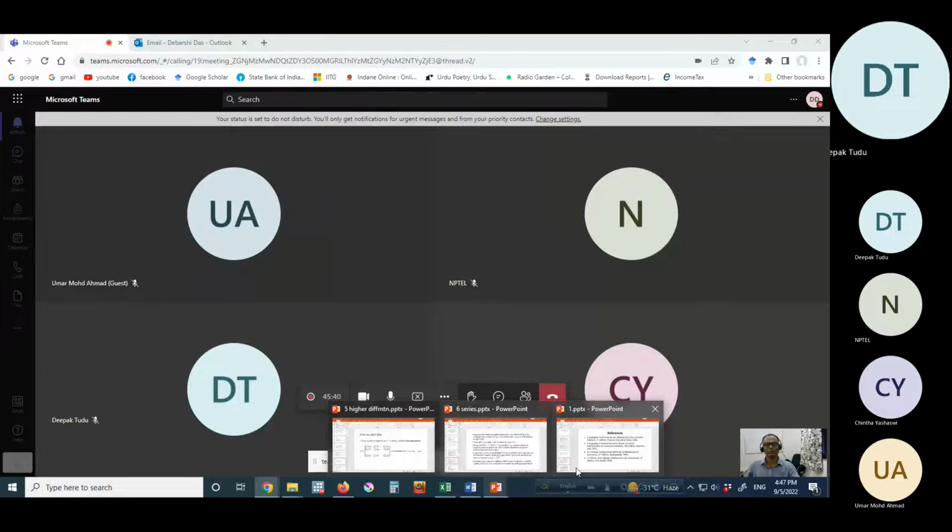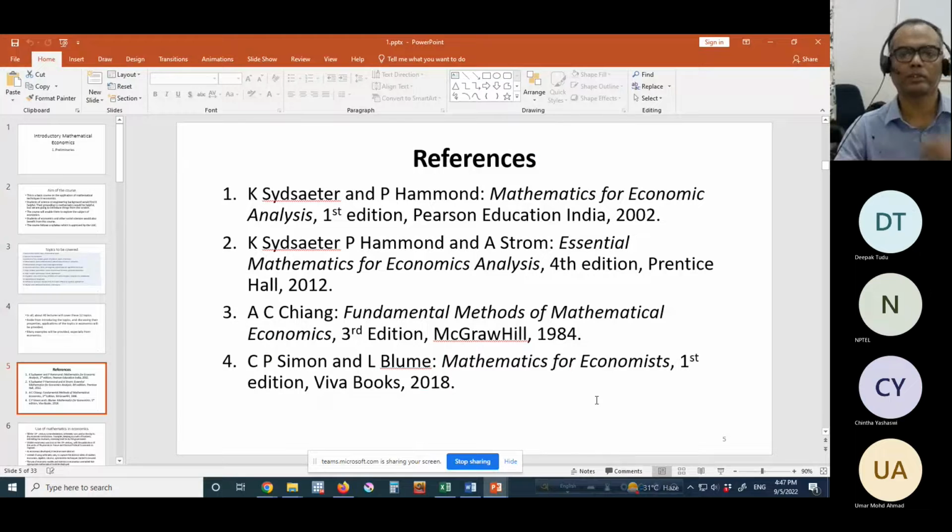Yes, sir. I am taking the Sydsaeter, solving the questions from Sydsaeter and the past years' papers also. That is one way to do it, going through the past years' papers. But if you refer to these books also, you can see them on the screen.